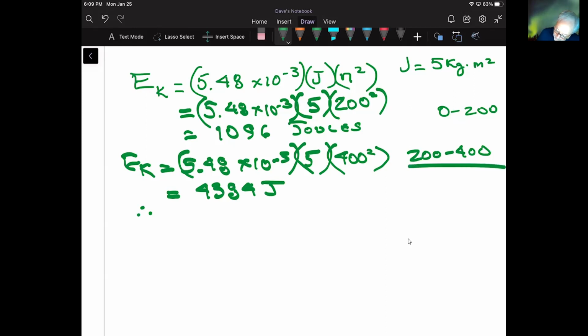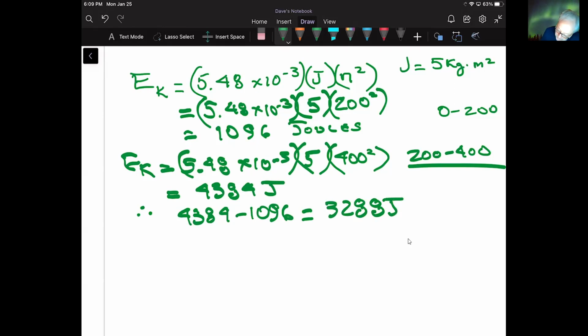So therefore, what was the energy needed to go from 200 to 400? Well, at 200, it was 1,096 that we figured out before. So this would be 4384 minus the 1,096, and that would give us 3288 joules. Again, just thinking through this, what does this say?